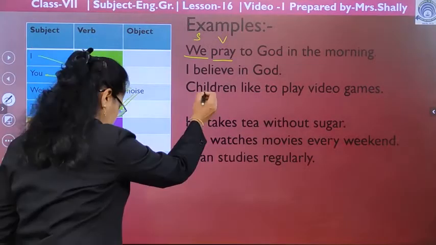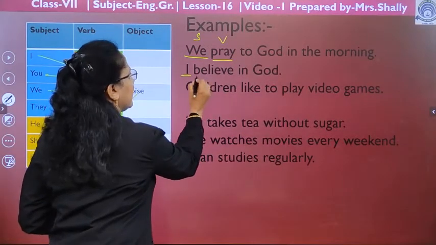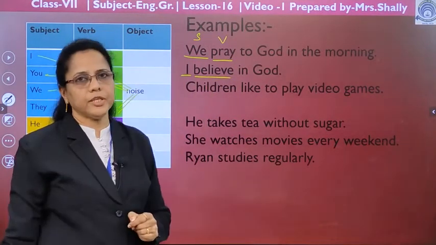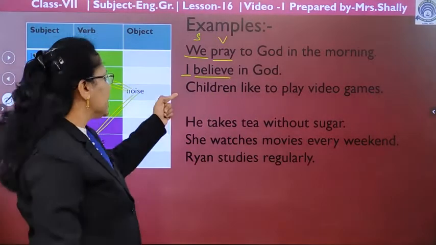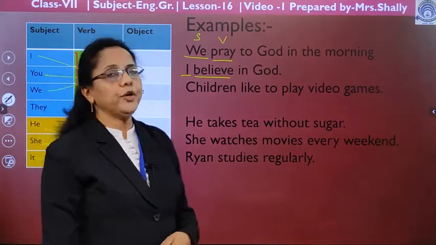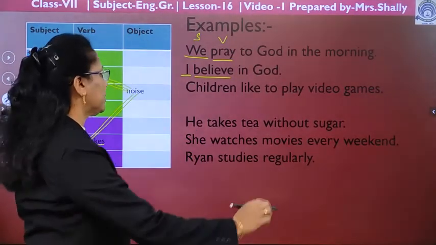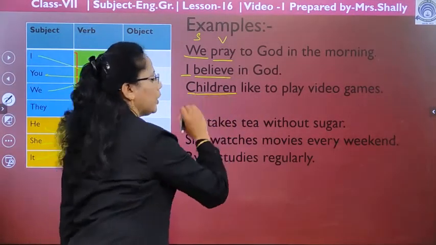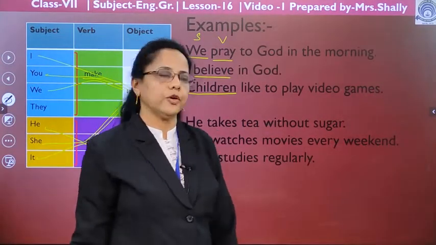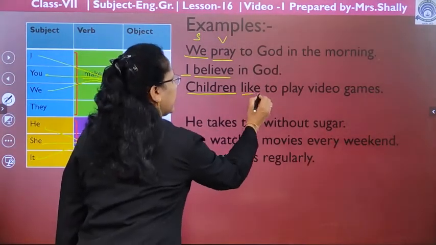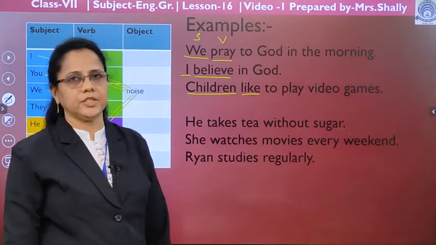Here the subject is I, and the base form believe is used. Children like to play video games. What is the subject here? Children, which is a plural subject. Here, the base form of the verb like is used.